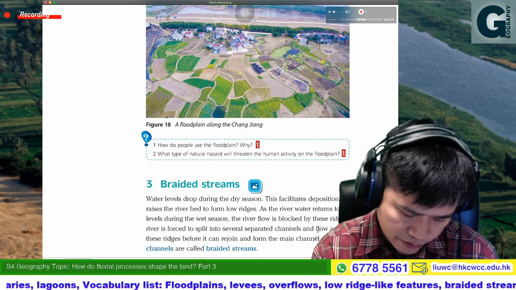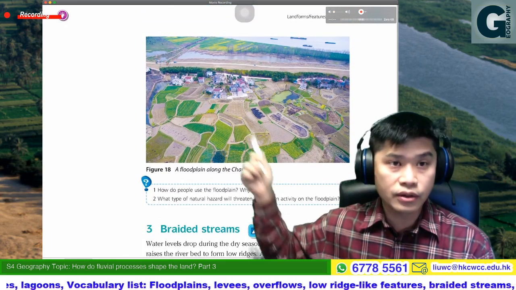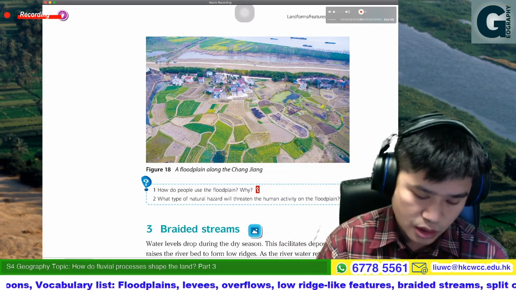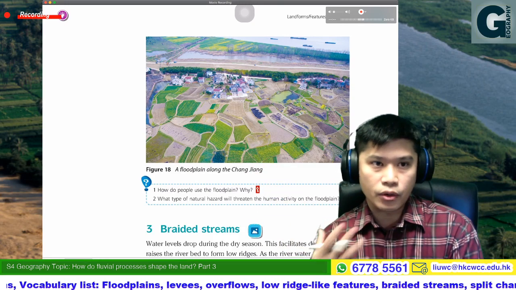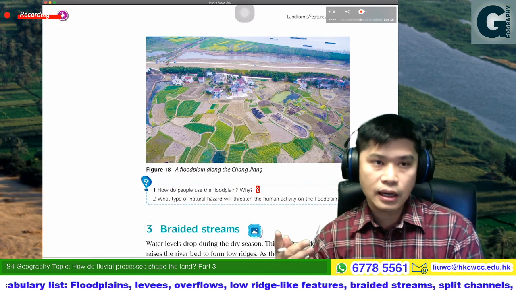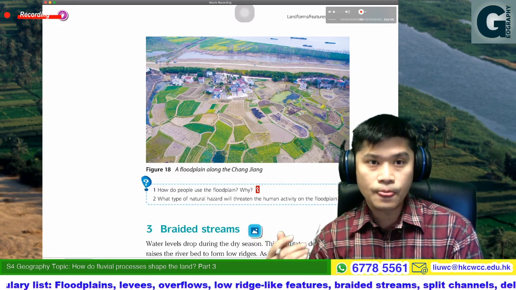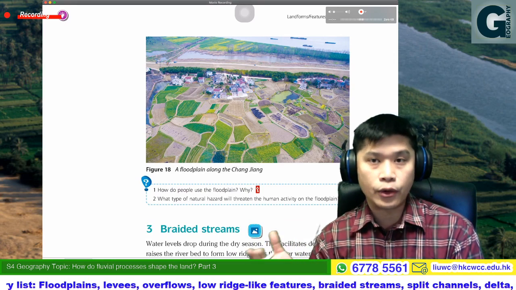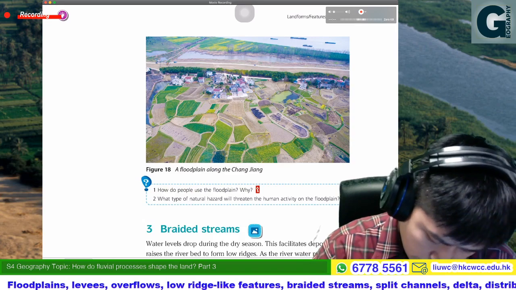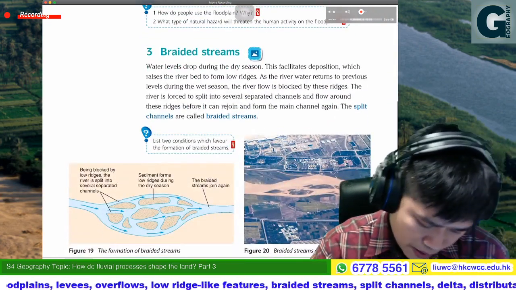After floodplain, for example, in your textbook you can also see a floodplain in Changjiang. Normally a floodplain will occur at the lower course, on an extensive flatland, and if you can see the river, then you can say that could be a floodplain. Then next, braided stream.